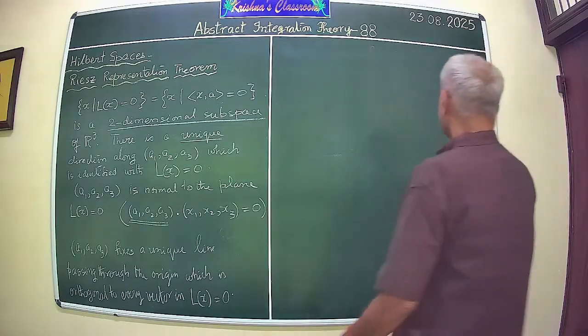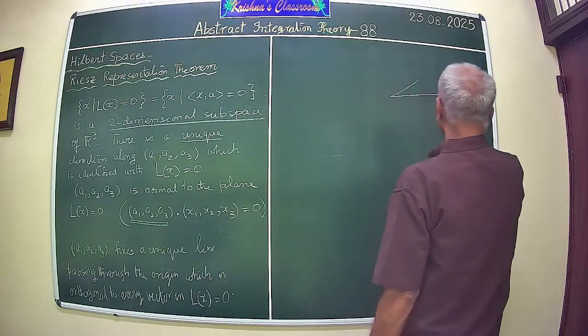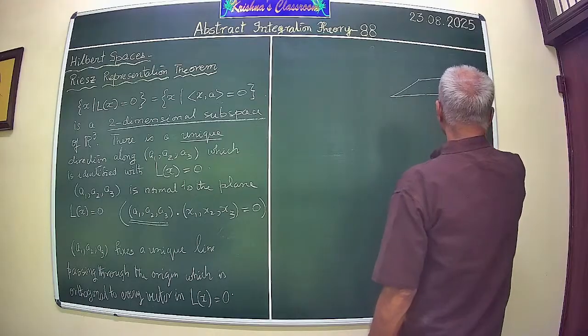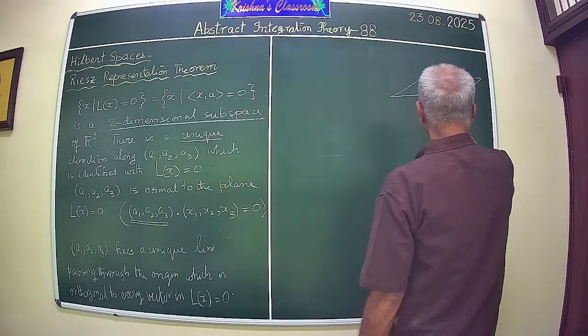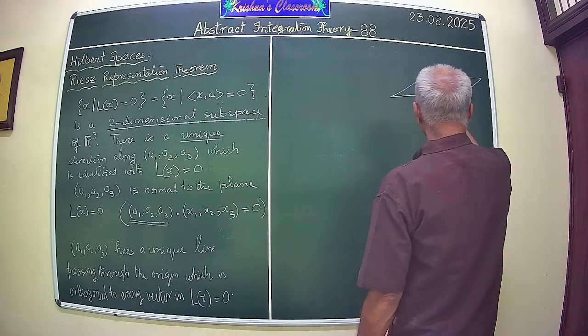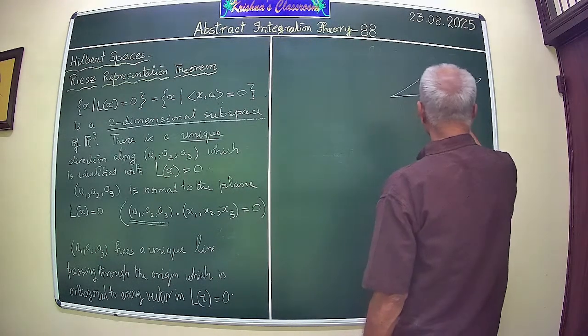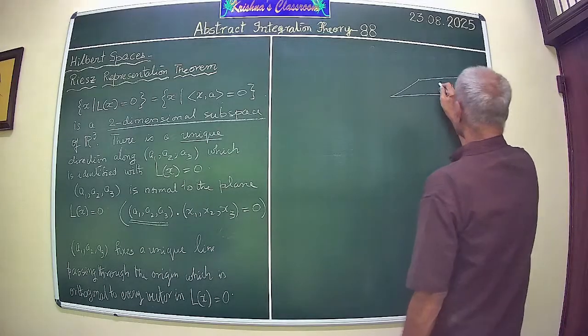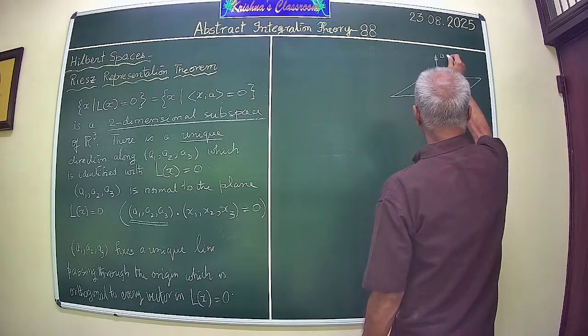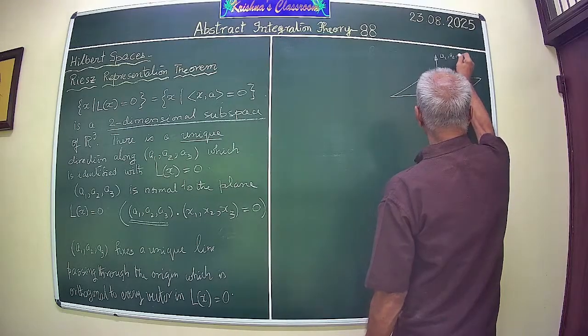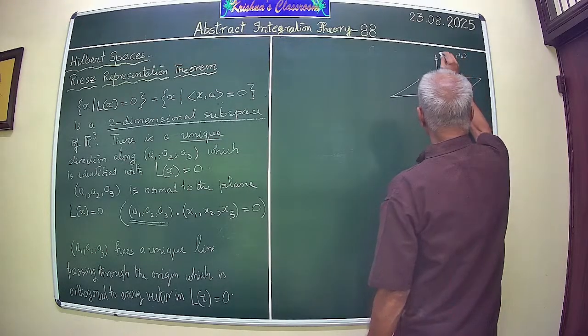Okay, so the situation is this. This is 0, 0, 0. This is the direction A1, A2, A3.